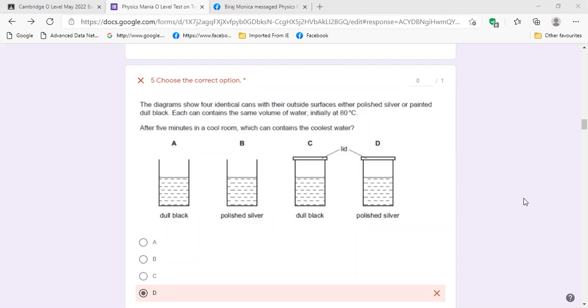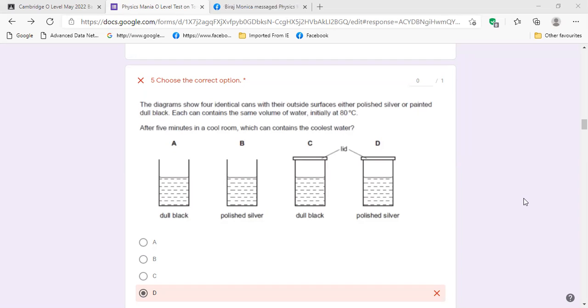So what do you think? If you chose D, will there be heat loss faster? So there should not be any lid, right?